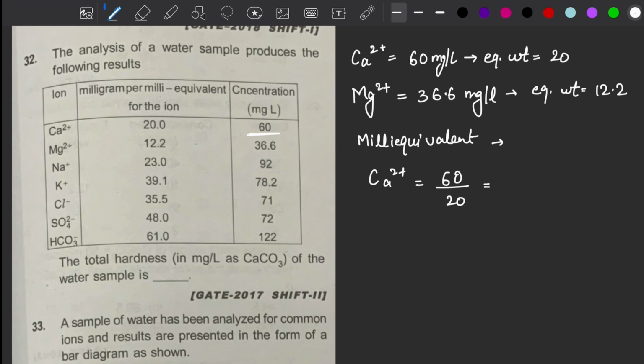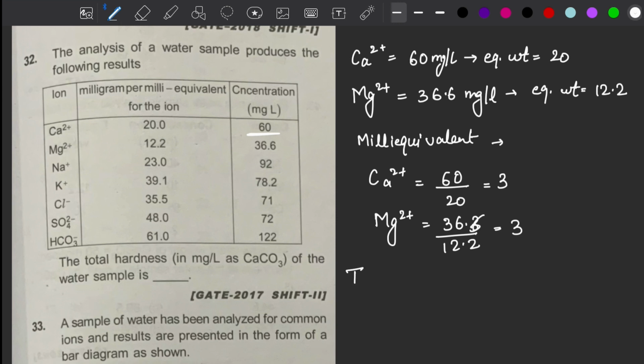So for Ca2+ that is 3, and for Mg the concentration is 36.6 divided by 12.2, so it becomes 3.